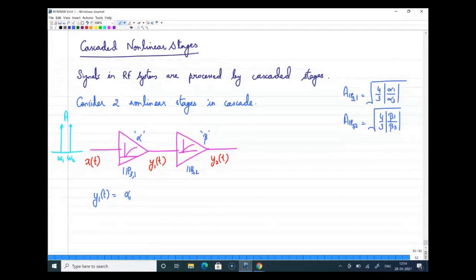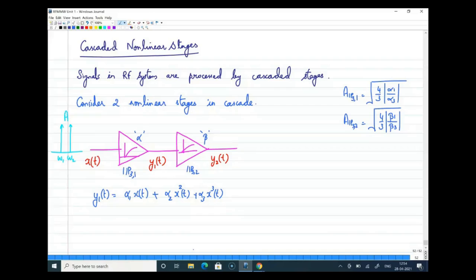So y1 of t can be written as alpha 1 into x of t plus alpha 2 into x square t plus alpha 3 into x cube t. As we mentioned before, we are restricting to nonlinearity up to third order only.